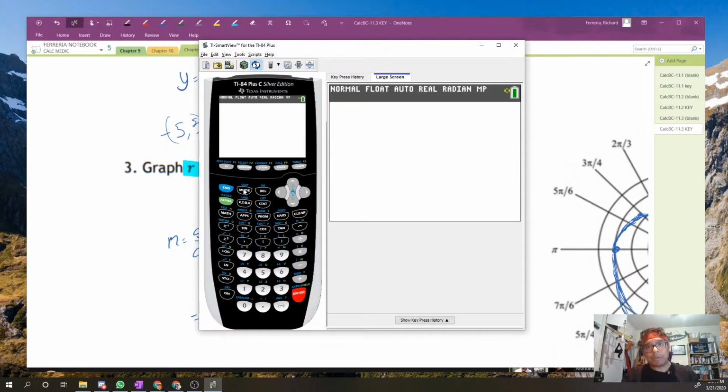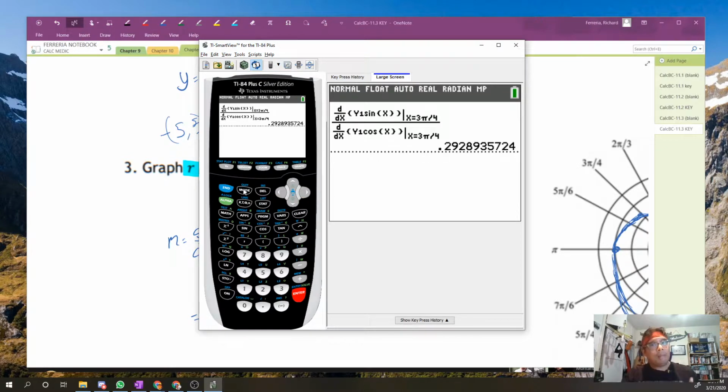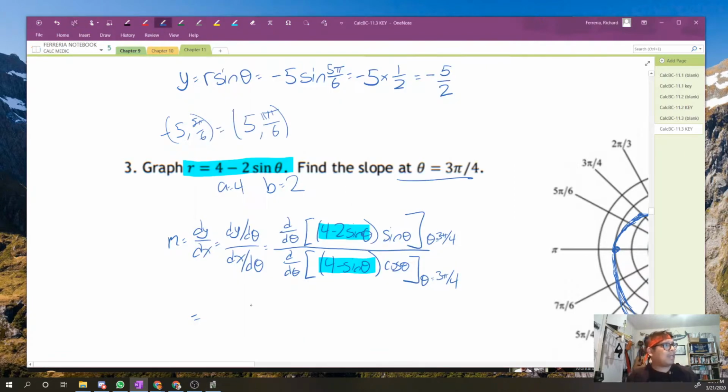So I'm going to push enter. Positive 0.29289.